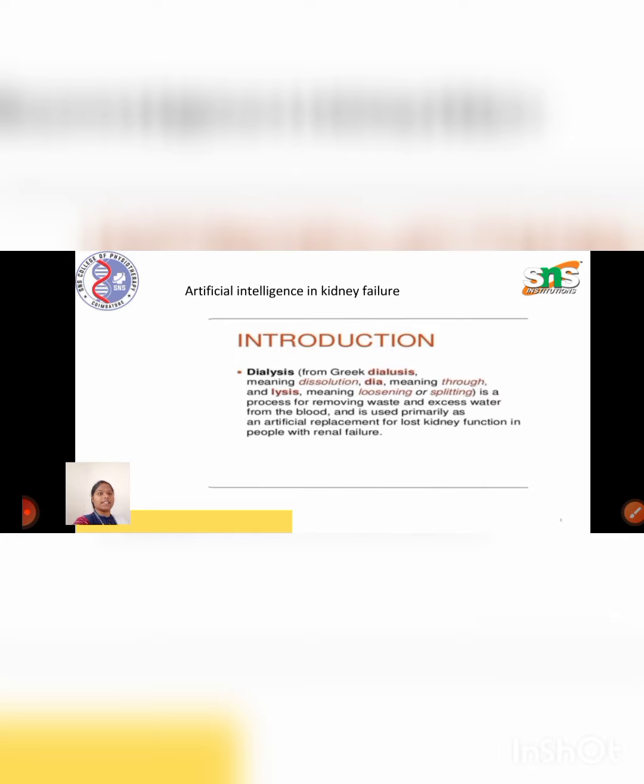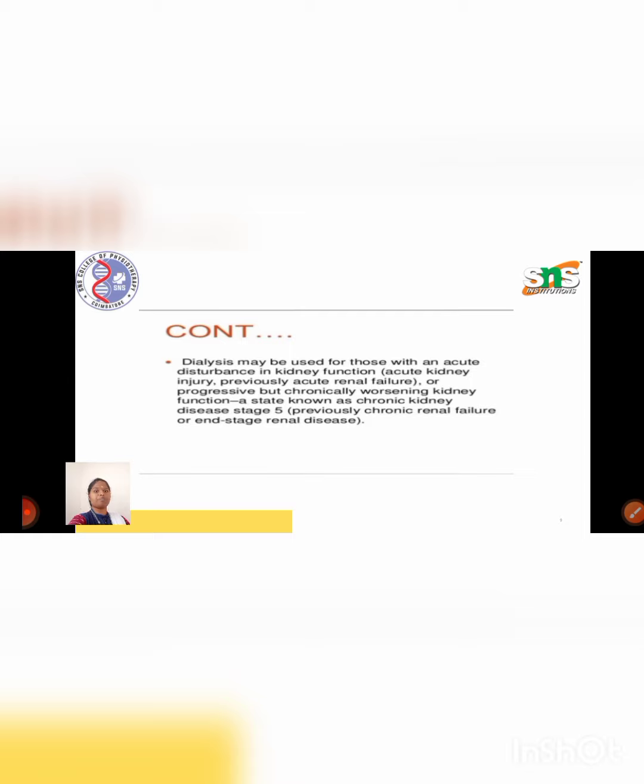Artificial intelligence in kidney failure. Introduction. Dialysis, from Greek, means dissolution. Dia means through and lysis means loss or splitting. It is the process of removing the waste and the excess water from the blood, and it is used primarily as the artificial replacement of the lost kidney function in people with renal failure.